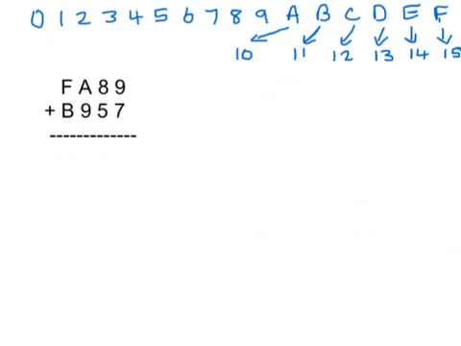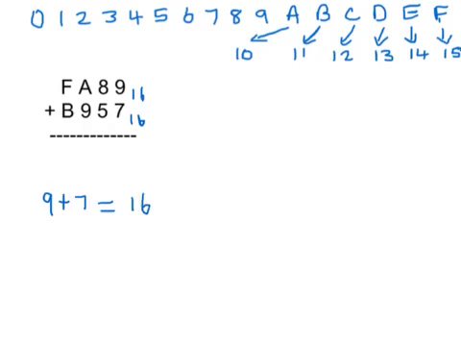Now let's consider this next example. Here we have FA89, base 16, and we're adding it to B957, base 16. Let's write out the first addition. Here we have 9 plus 7. Now 9 plus 7 will give me the answer of 16.